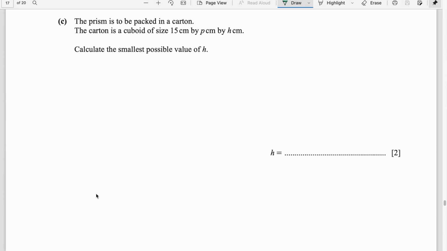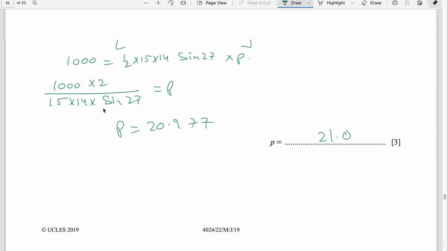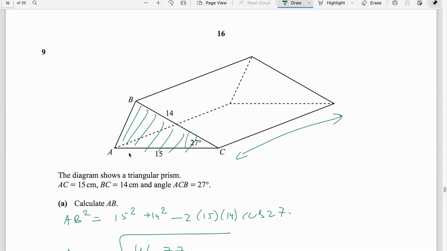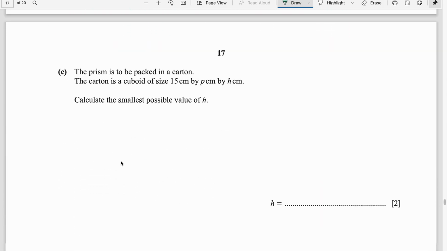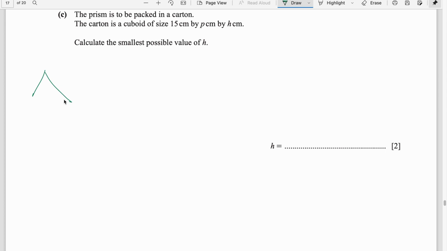C part. The prism is to be packed in a carton. The carton is a cuboid of size 15 centimeters by P centimeters by H centimeters. Calculate the smallest possible value of H. So if it has to be packed, let us bring this out. This is 15 and P. 15 and P is already there. We need to find this height H. So we don't have to go back and forth, let me draw it here. 15, 14.